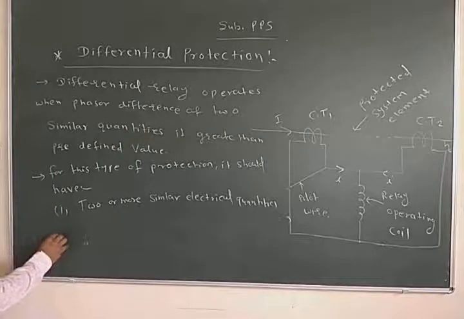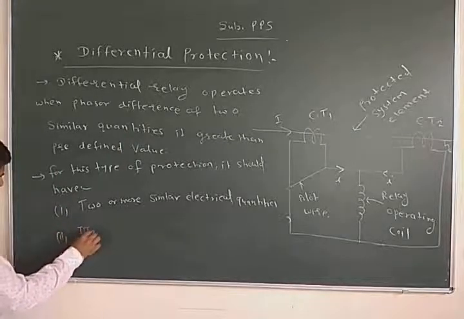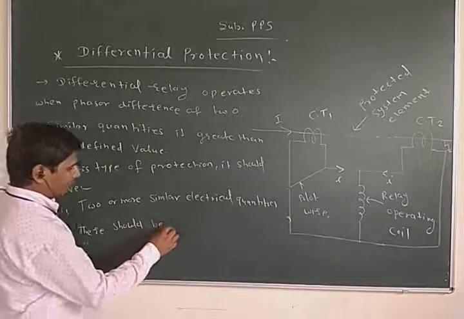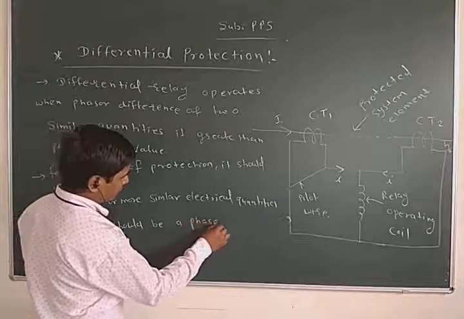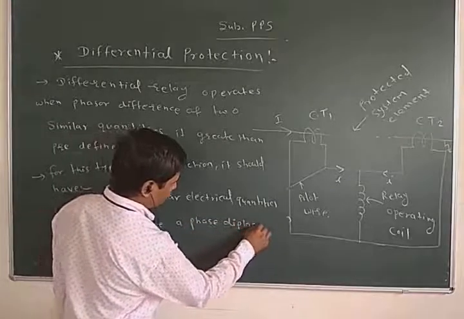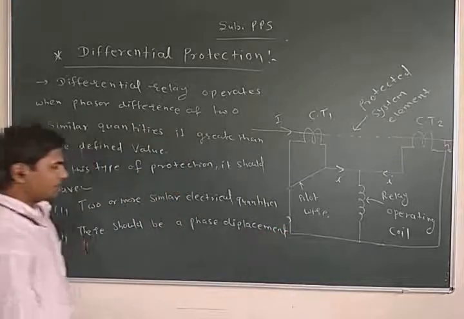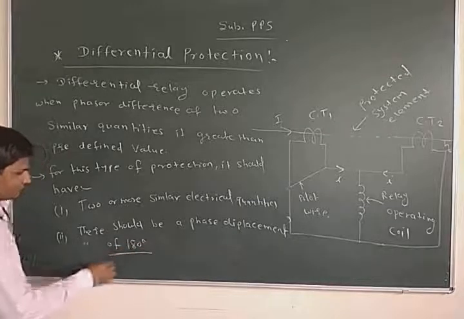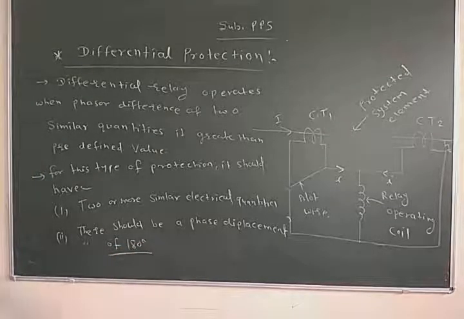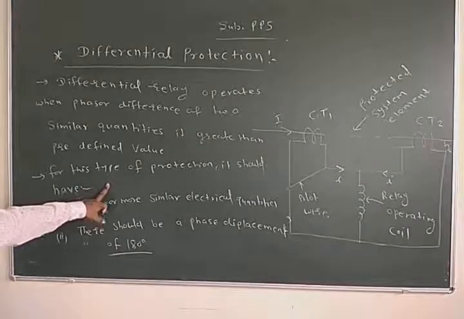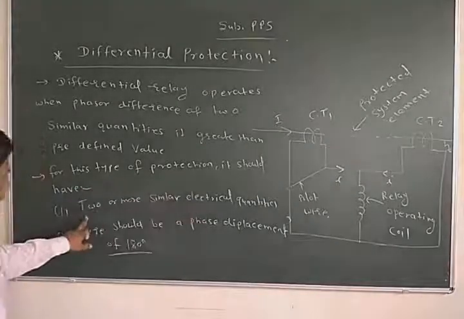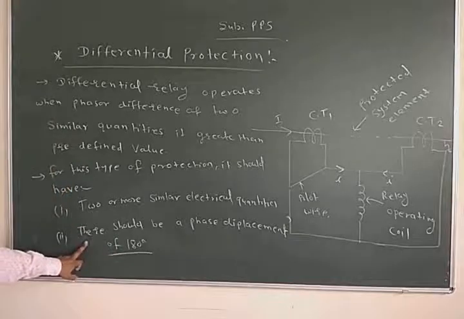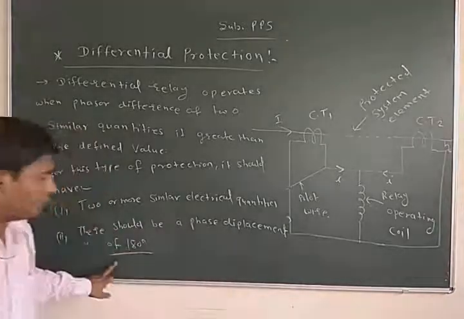Second, there should be a phase displacement of 180 degrees. Means there are two conditions in differential protection which should be followed. First is there should be two or more similar electrical quantities. Second is their phase displacement should be of 180 degrees.